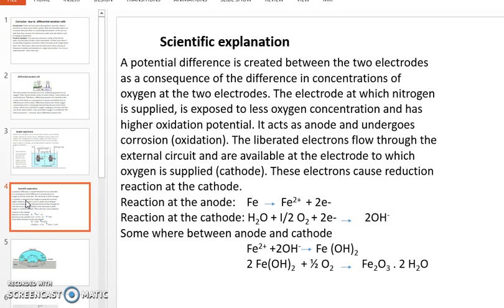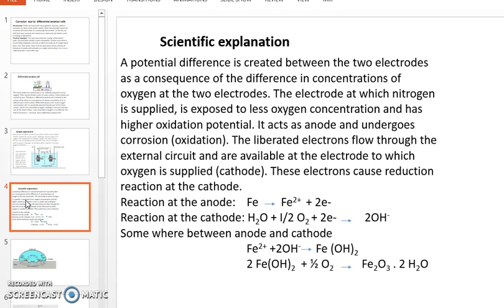Therefore, it acts as anode and undergoes corrosion, that is oxidation. Because of this oxidation, electrons are liberated, and the liberated electrons flow through the external circuit and are available at the electrode to which oxygen is supplied, because that electrode acts as cathode. These electrons cause reduction reaction at the cathode.